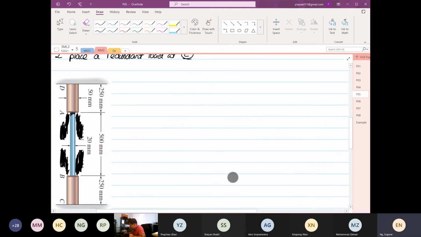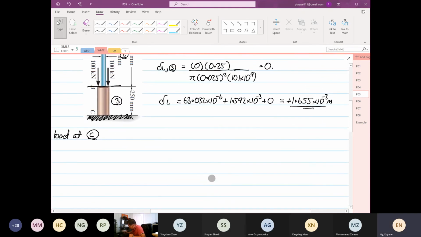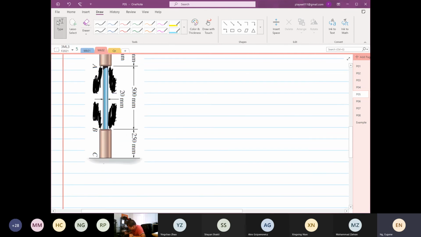Now, from this analysis down here, we realize that it's going into what? Tension. So we know that we have to push it back.